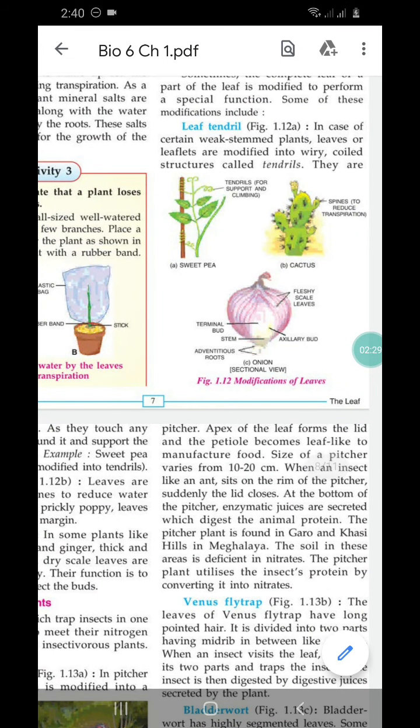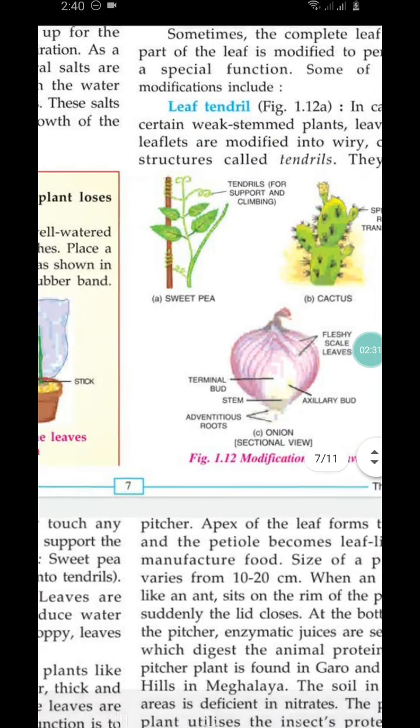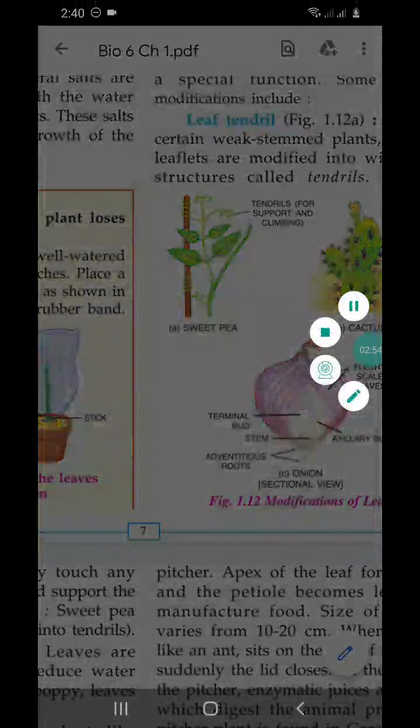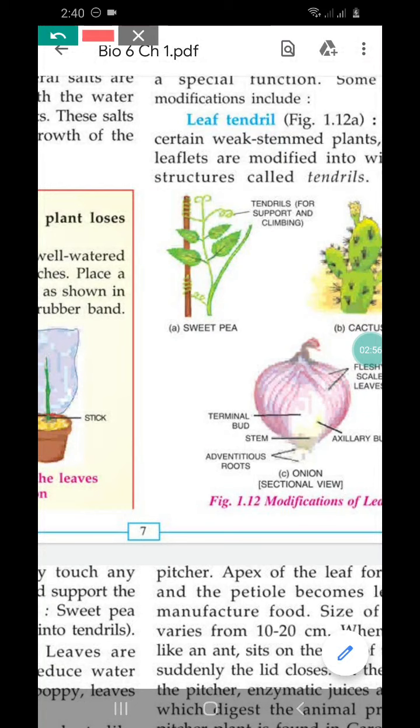First one, leaf tendrils. If you observe this picture, it is a picture of sweet pea. You know, pea plant. Yes, children. If you observe this, you find thread-like structures holding the stick. These thread-like structures holding the stick are called tendrils. What do we call them? Tendrils.